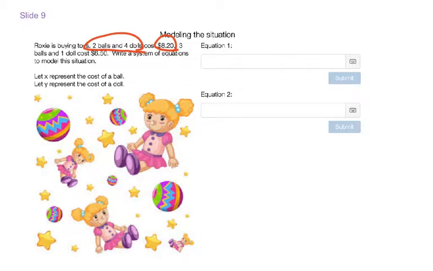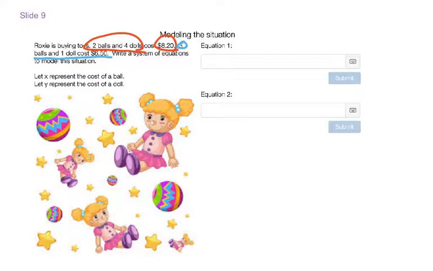The second time she buys toys, she buys 3 balls and 1 doll, and this time spends $6.50. So 2 different situations, but they're related in that she's buying balls and dolls. So let's look at each situation individually and be able to write our equations that way.